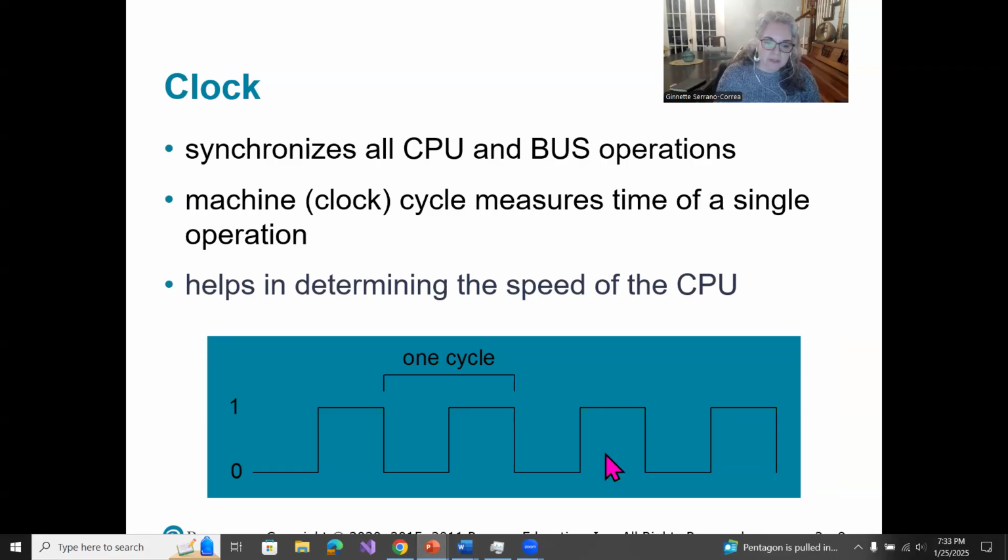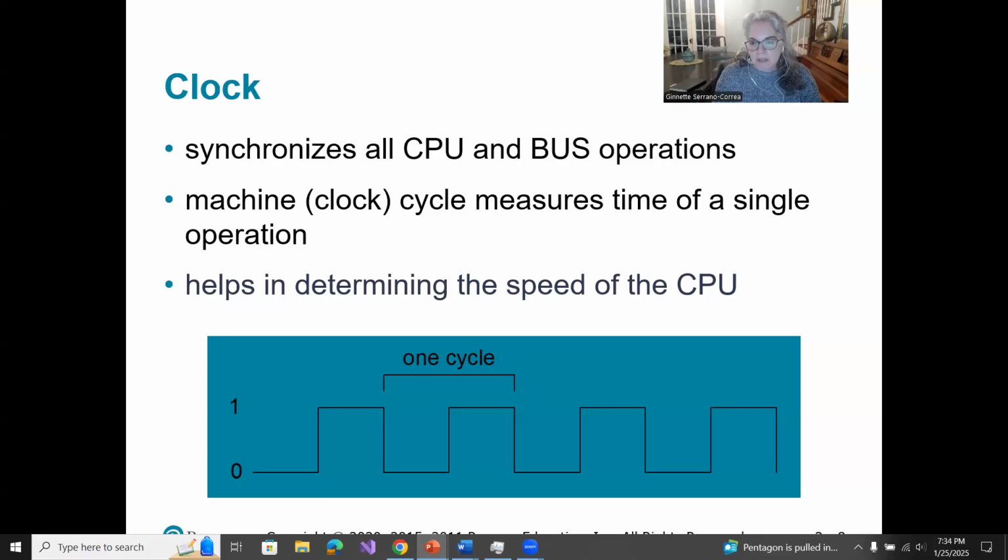So in this picture here, we see this cycle. The cycle begins here, and one cycle would end here. So that's one cycle down, here's another cycle. A machine clock cycle measures the time of a single operation.